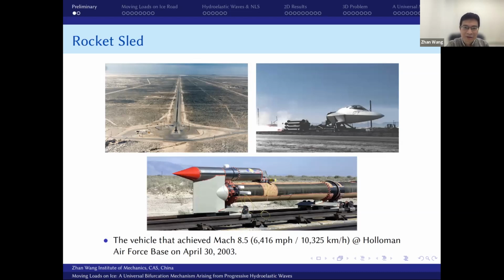All aircraft or weapons need to be tested on the ground before we put them into use. There are two ways to test an aircraft. The first one is you put an object in a shock nozzle, and you blow air onto the object using very fast wind.